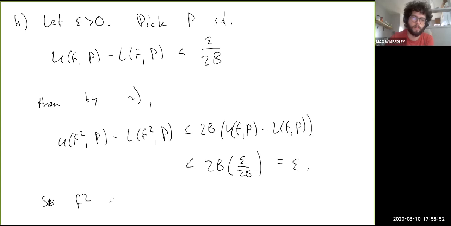So f squared is integrable by that theorem, 32.5 or something.